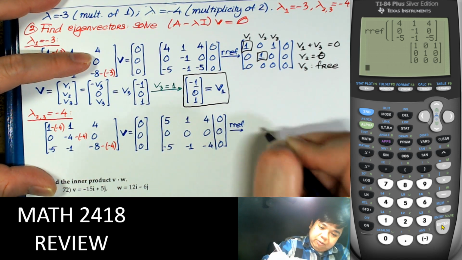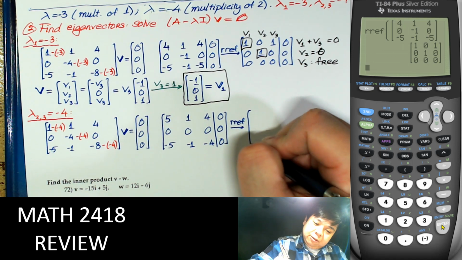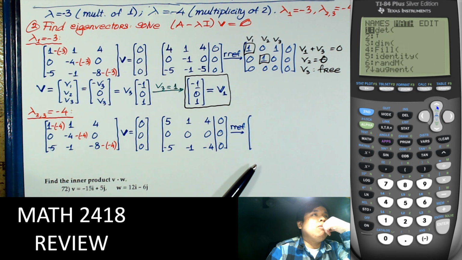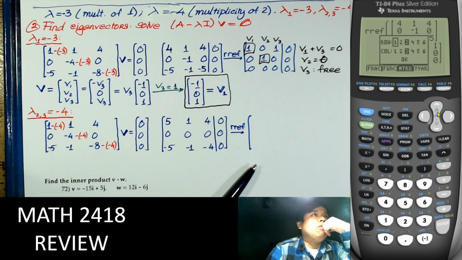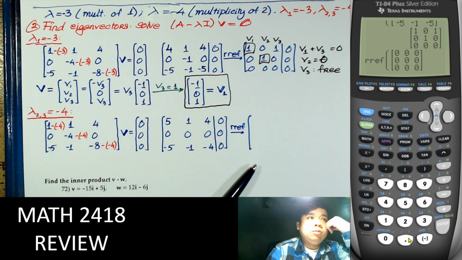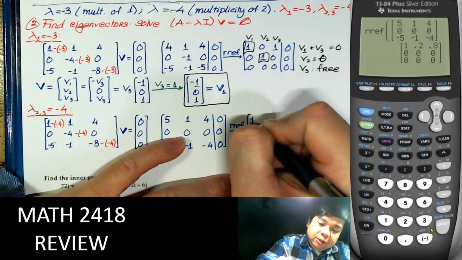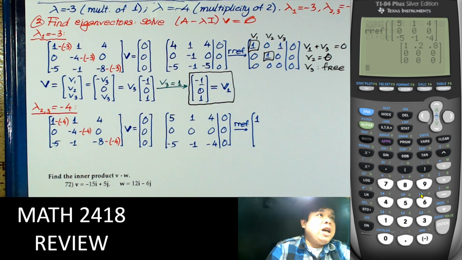Reduce to row echelon form. Right. So let's change this to fractions.